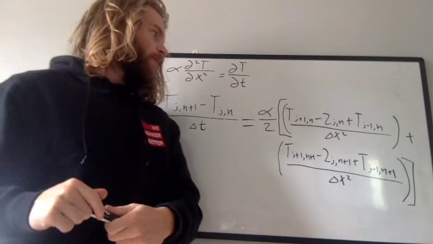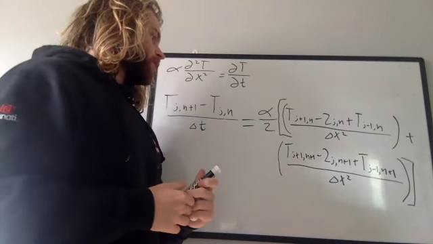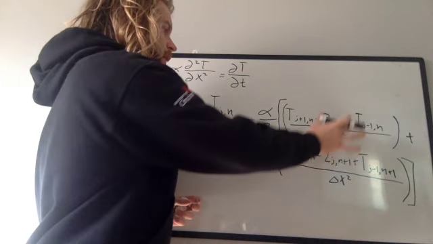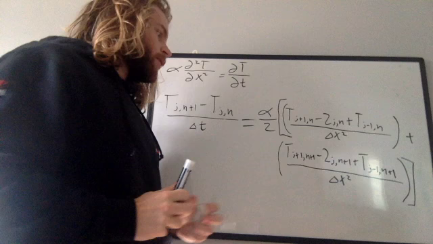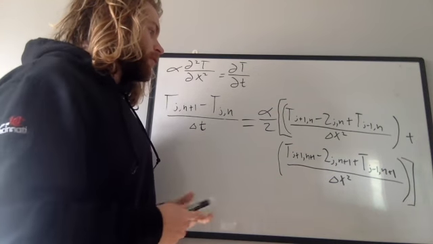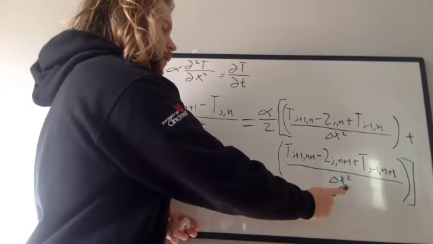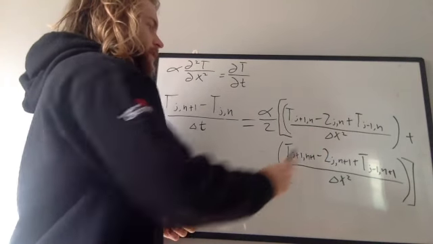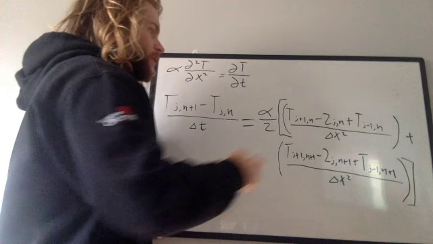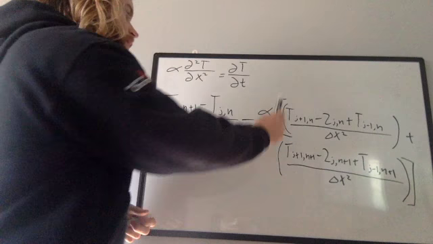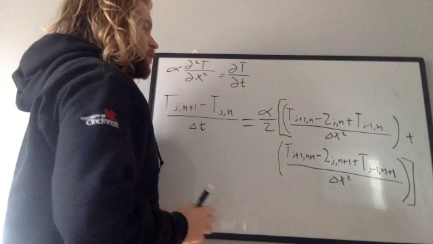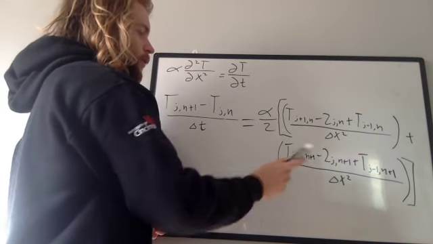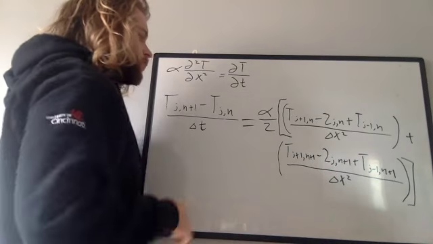So our next step is we are going to want to get common terms out of this and try and simplify our expression over here. The first thing we can do is bring out our change in position squared, since that is a common denominator that these both have. So we can bring this fraction out to the front of our expression. That would turn this into the thermal diffusivity over 2 times the change in position squared.